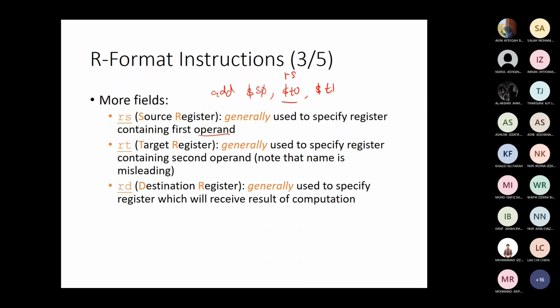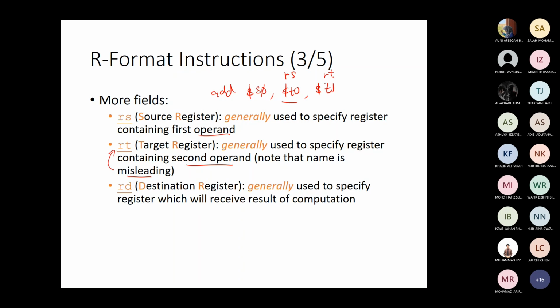And then we have a target register, generally used to specify the register containing the second operand. So if RS contains the first operand, or the first value that we need to do the operation on, then RT is the register that contains the second operand, or second value. Note that the name is misleading because RT here can be a target.